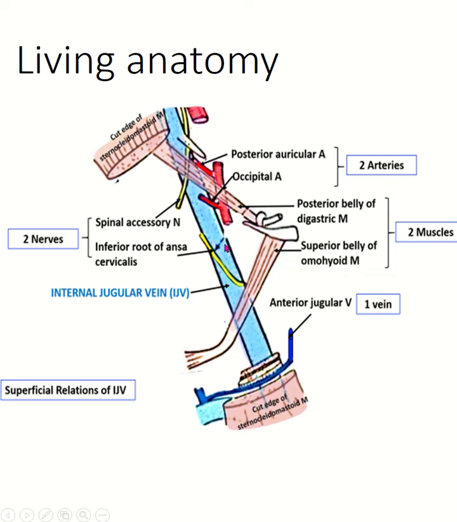Posterior to it is the vagus nerve, and it is also related to two other nerves, the spinal part of the accessory nerve and the inferior root of the ansa cervicalis. And it is situated just lateral to the common carotid artery, and two branches of the external carotid artery are also related here, the posterior auricular artery and the occipital artery.